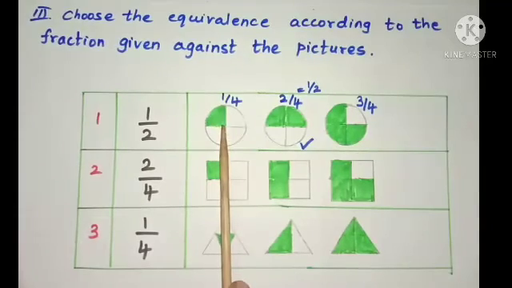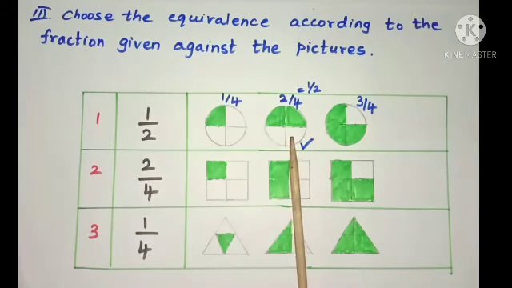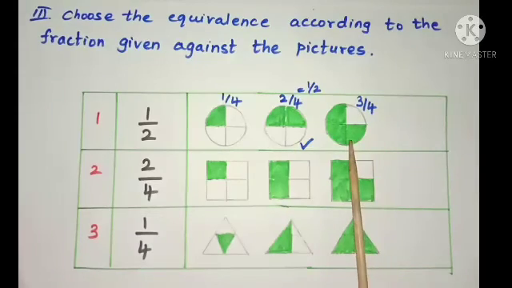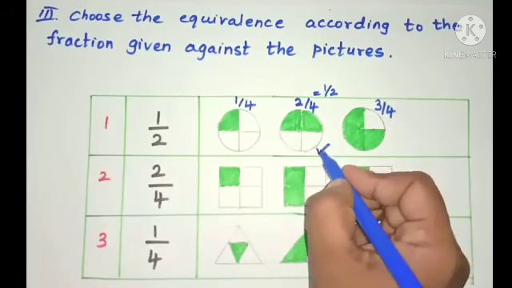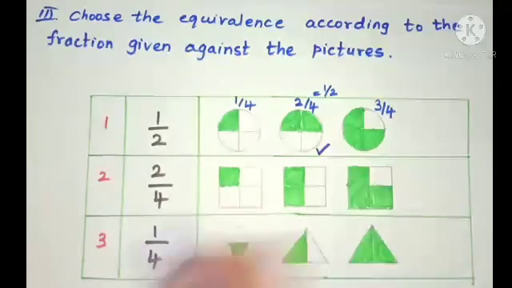So here quarter part of a complete circle is shaded. And here, yes, half part is shaded. So here 3/4 parts are shaded. So the second circle represents 1/2 fraction.